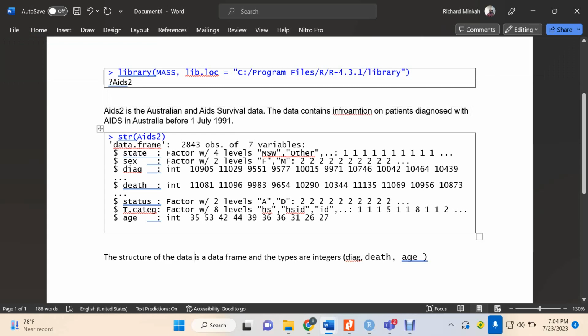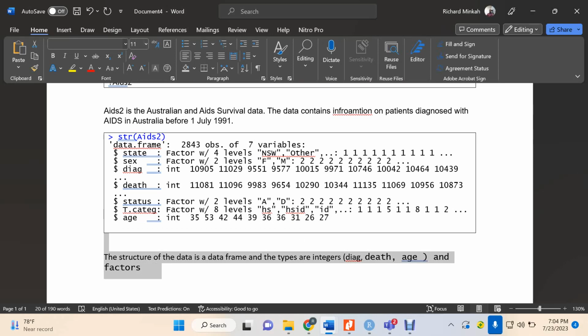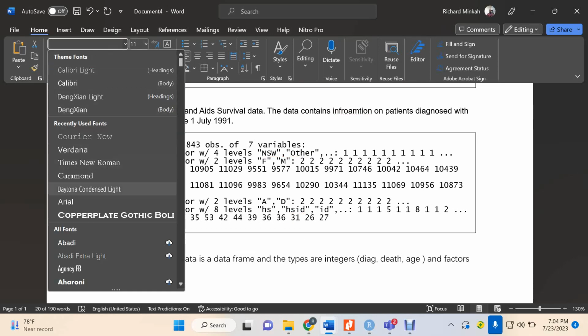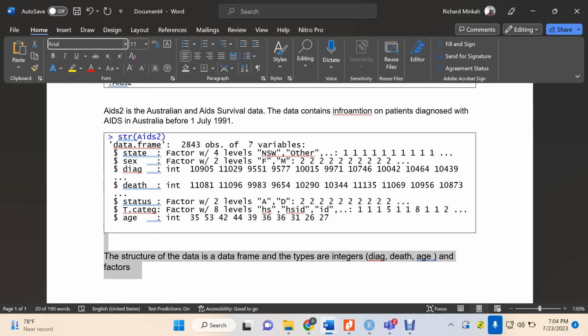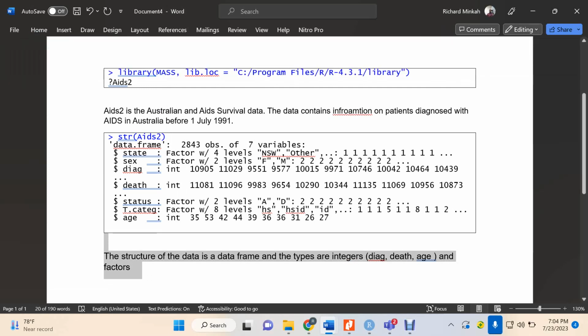Okay, so that's it. And then factors. Sorry, the data structure. Yeah, and the types are integers, that is die, def, so and so, and then factors. So area 11. Okay.